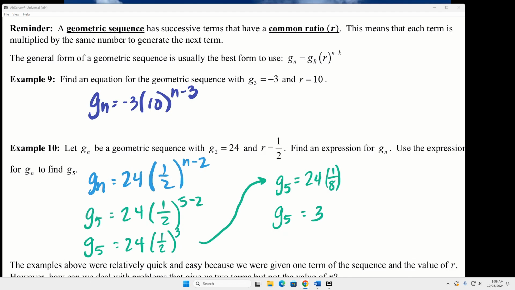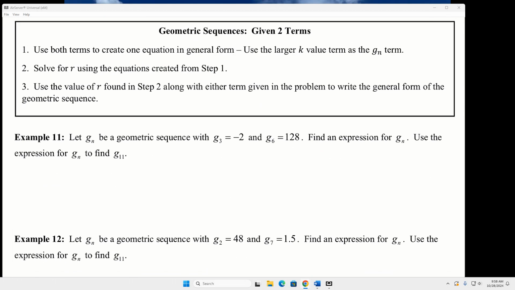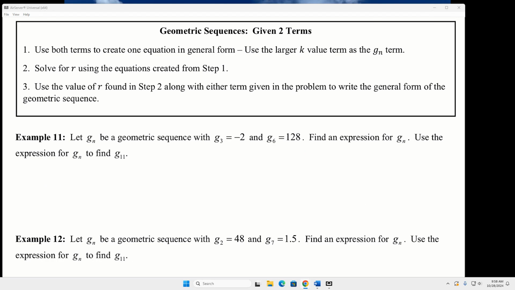Hunter asked a good question when he was doing this one about how do you know if this sub 3 is going to be n or if it's going to be k. For a problem like this one, n has to be your variable. And so if you know the r and you know one of the terms, then this is definitely going to be k. Now, on the one we're about to do, that kind of gets thrown out the window. Sometimes you don't have consecutive terms.